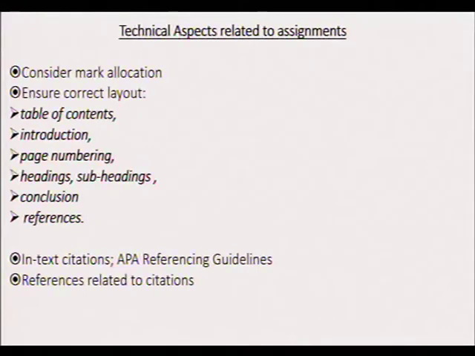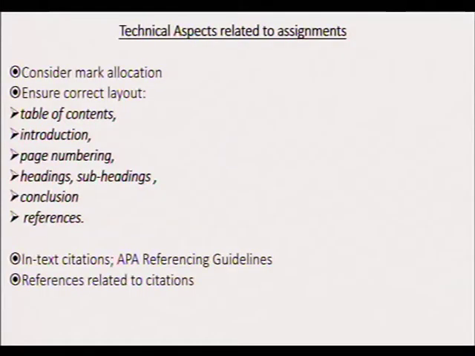There are some technical aspects related to writing assignments. I know they are focusing on preparation for the examinations, but it's also important to remind you of whenever you do your assignments, there are certain things that you should keep in mind. Also with examinations, especially when it comes to marking allocations. You know that you have to ensure that your assignments have the correct outline, your table of contents, your introduction, your page numbering, your headings, your subheadings, your conclusions, and your references.